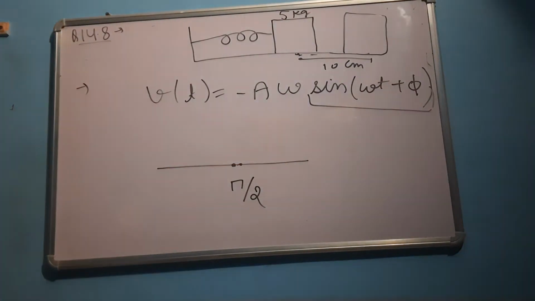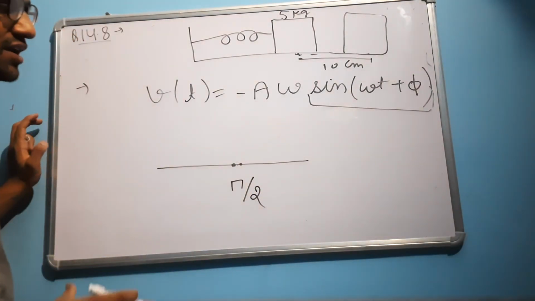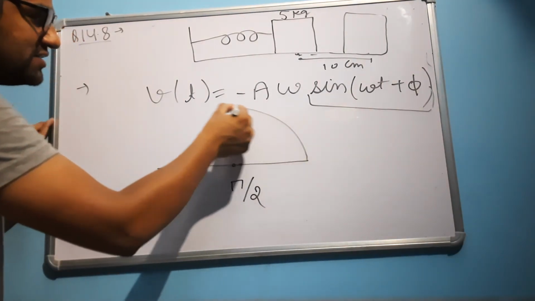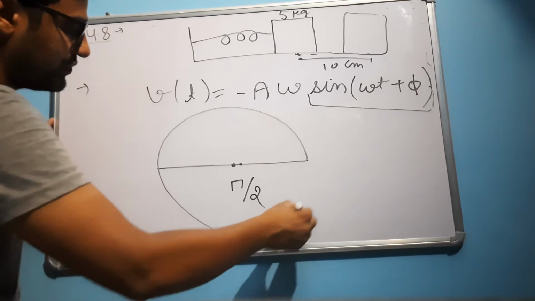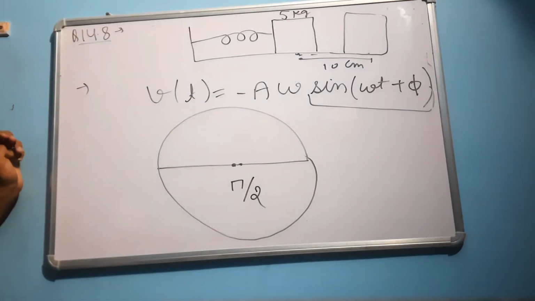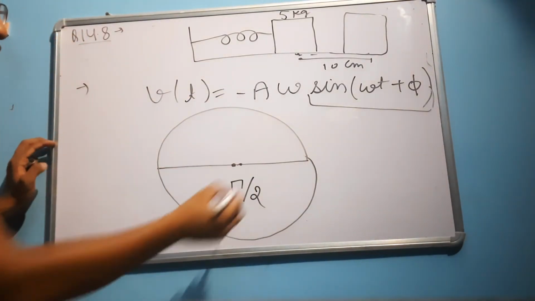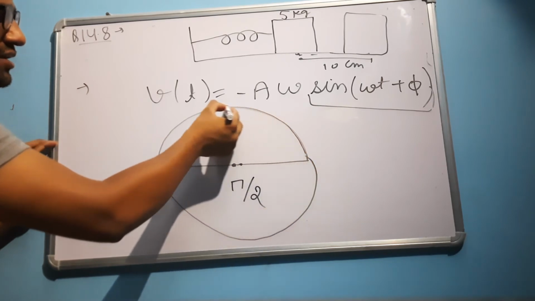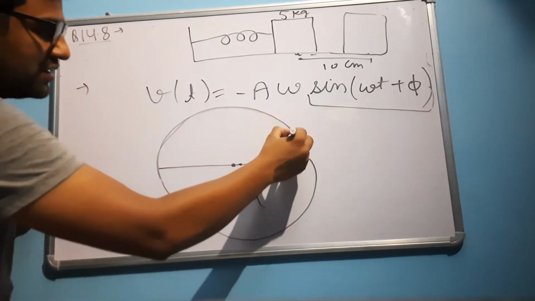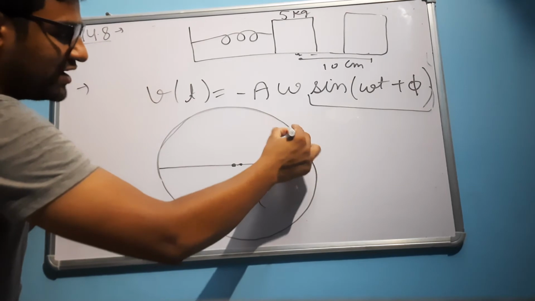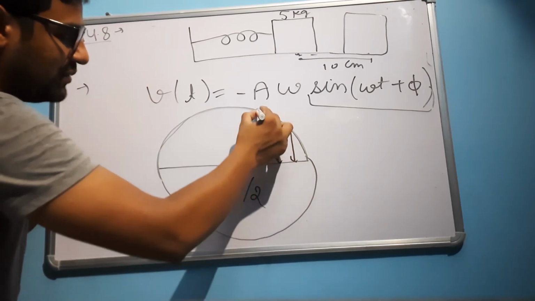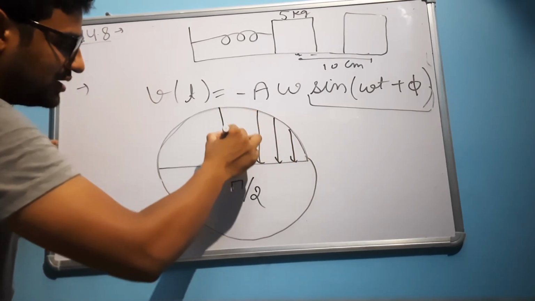We are considering here the simple harmonic motion as the projection of circular motion on the diameter. So our particle is rotating in this manner, and the projection of the particle will be on a diameter like that.